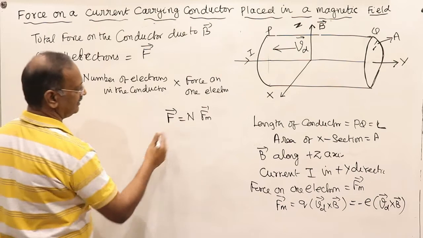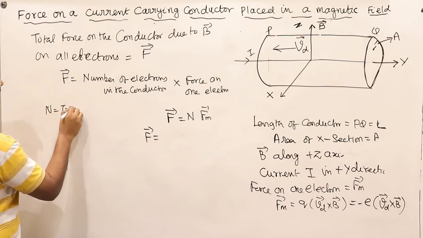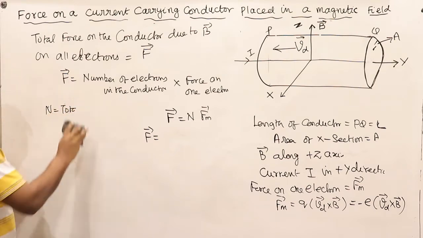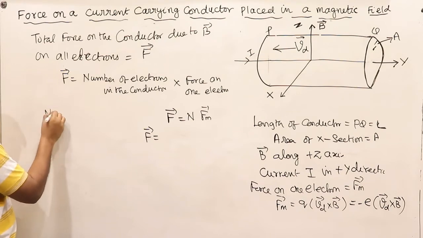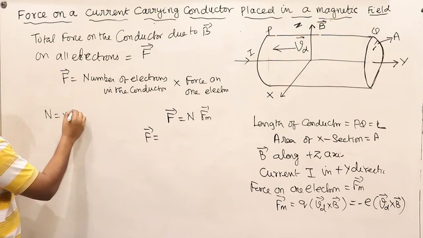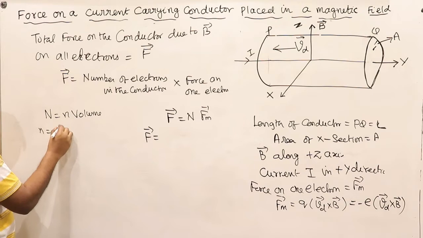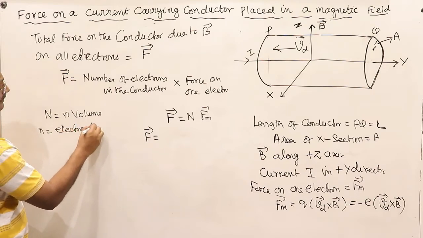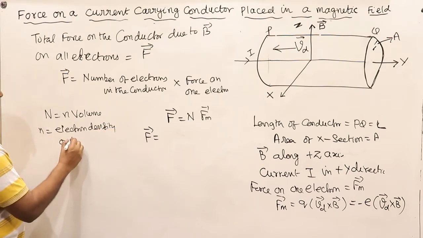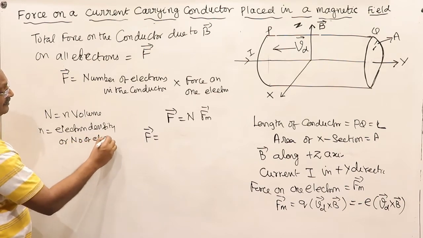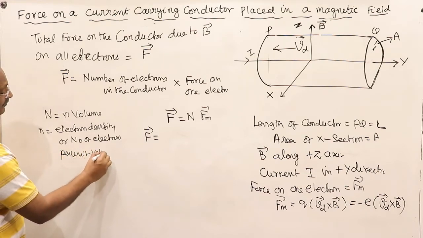Here N is the total number of electrons, and N is equal to n into volume, where n is the electron density, the number of electrons per unit volume.